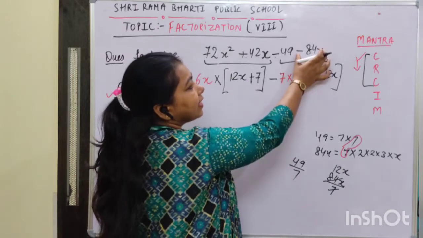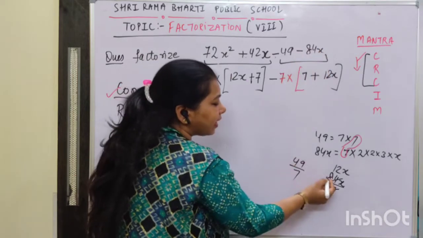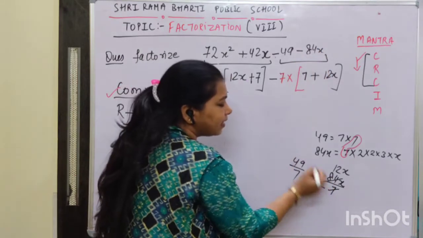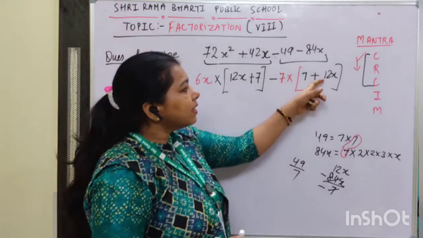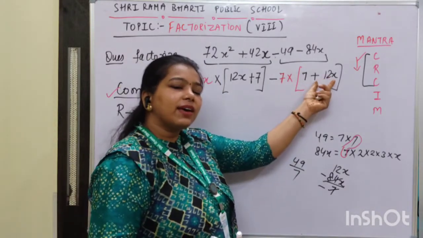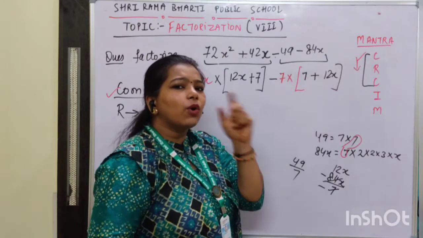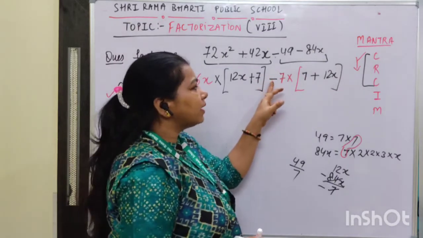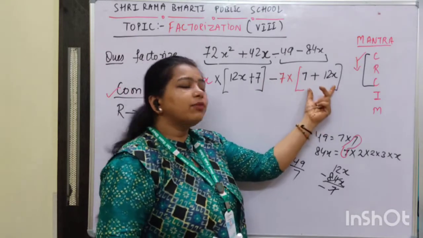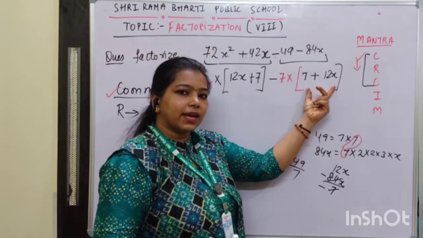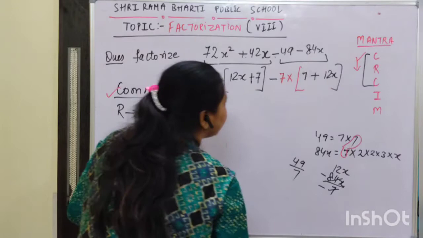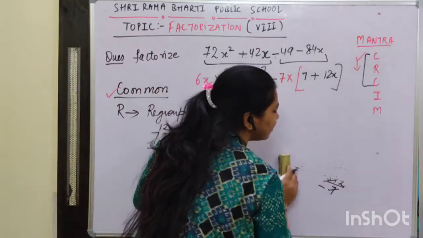Because when we divide a negative number by a negative number, the answer will be positive only. That's why the sign will get changed inside the bracket. And it's a simple trick. Always remember, when you have the minus sign outside the bracket, you have to change the sign inside the bracket, right? Now the important step has been done.